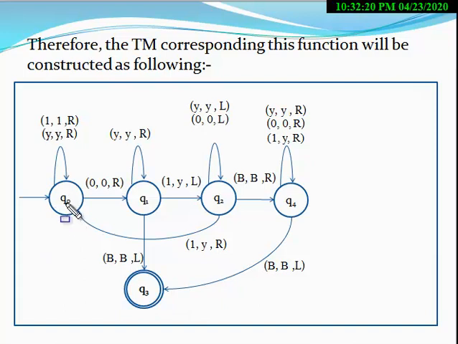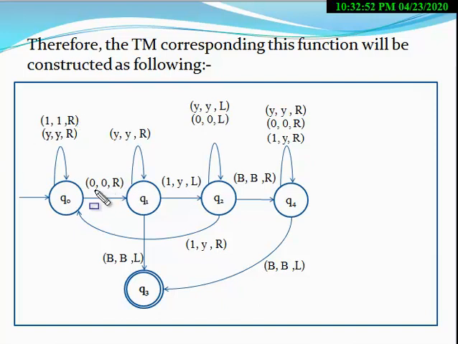At the state Q0, here 1 appears, Y appears. As soon as 1 appears or Y appears, the machine moves only in the right direction, right? In these two configurations, either 1 appears or Y appears at the state Q0, so the machine only moves in the right direction till 0 appears in the tape.